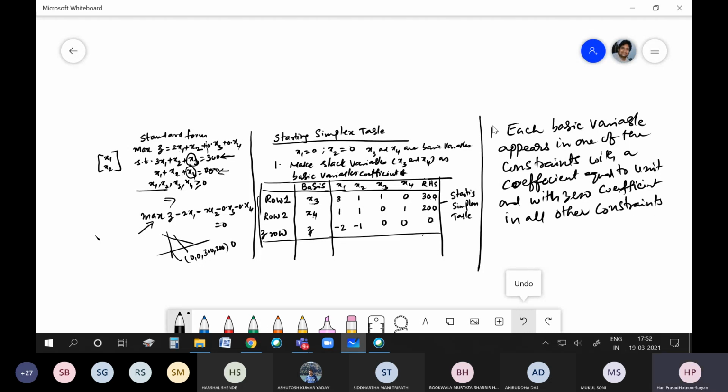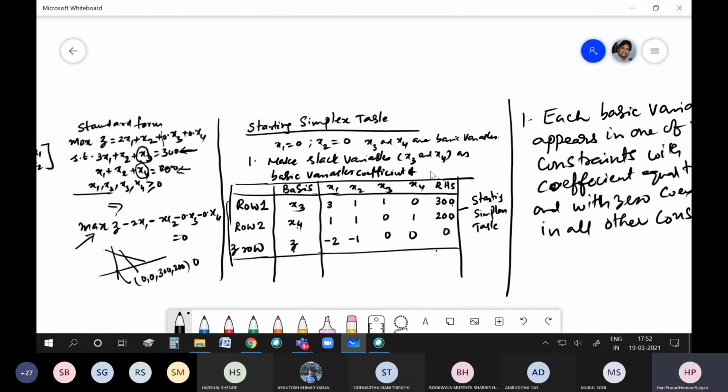If you see this table, for the first constraint, which is the basic variable? x3. So x3 will have a coefficient 1.